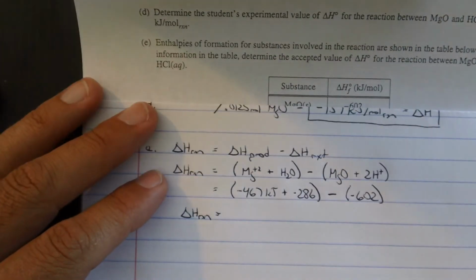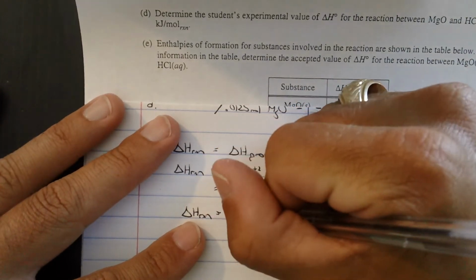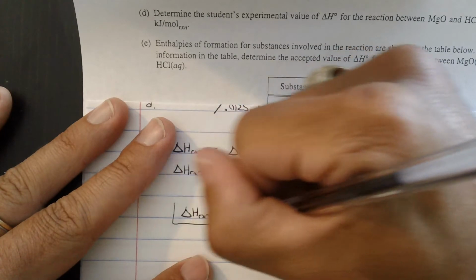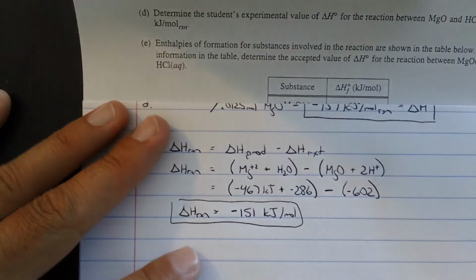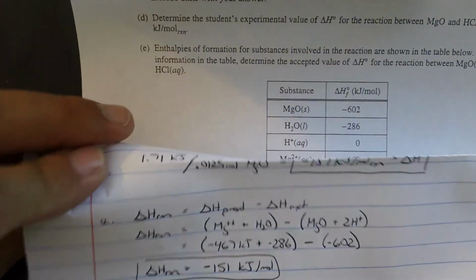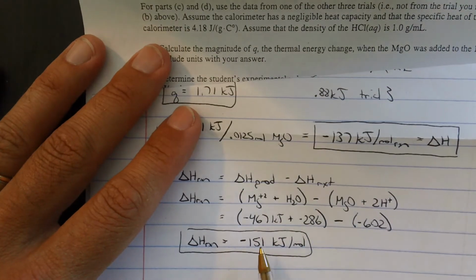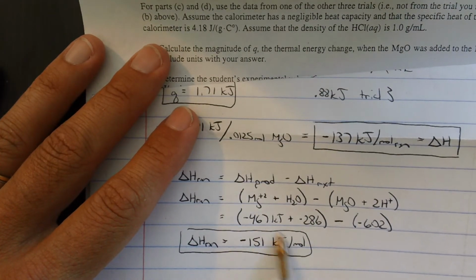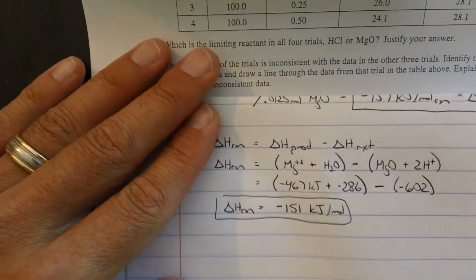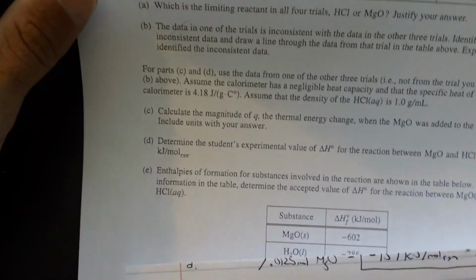Plug that in, and you get -151 kilojoules per mole for that reaction. That's part E. And if you're decent at anticipating questions, then you just figure out experimentally it's -137, and theoretically it should be -151. And so now they're going to ask us, all right, where's the difference? Why is there a difference? And that's where part F is taking us.